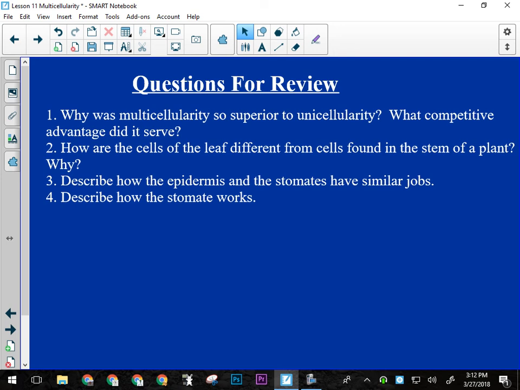So being multicellular allowed organisms to become big without having a problem transporting materials. It allowed them to overcome that problem. So that is also something you'll probably want to add to your answer. Becoming multicellular allowed organisms to become large, and bigger was better than single-celled organisms because they didn't have the diffusion problem.